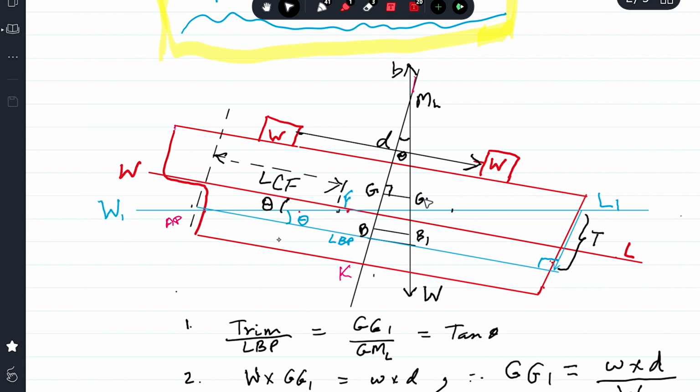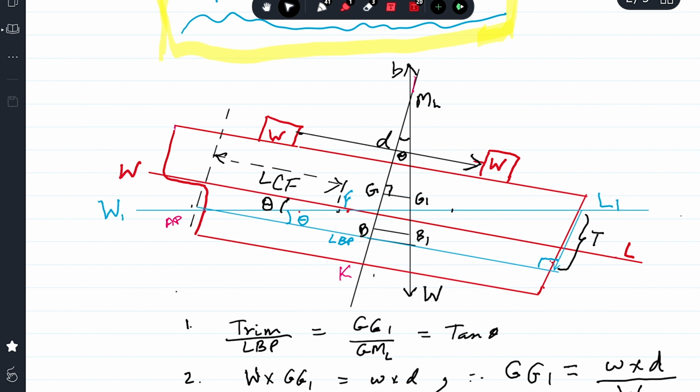So the ship will start trimming by the head until the center of buoyancy shifts to B1, directly under G1, the shifted center of gravity, and the trimming lever will disappear and the ship will be at static equilibrium.